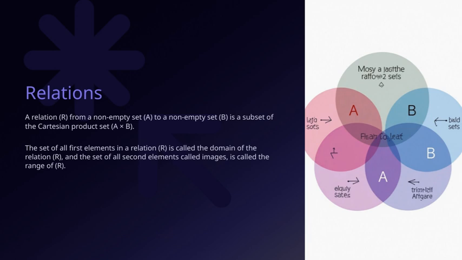Now, when we define a relation R from a non-empty set A to another non-empty set B, it's important to understand that R is actually a subset of the Cartesian product of A and B, which is written as A times B. This means that every element in the relation is a pair, with the first component coming from A and the second from B. So, in essence, relations are a way to connect elements from one set to another, and understanding the domain and range helps us see exactly what elements are involved and how they relate to each other. This concept is fundamental as we explore how different sets interact through relations in more complex structures.